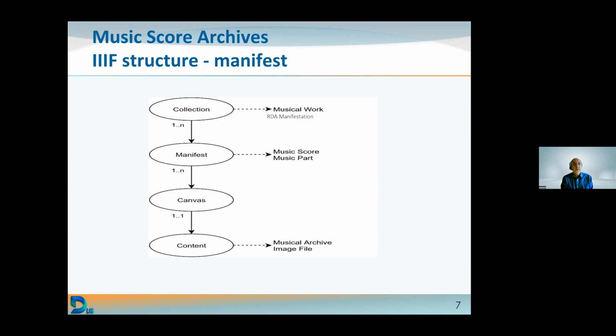Therefore, a musical work is represented by a IIIF collection, and each individual score or part is a IIIF manifest. And finally, the content is the collection of IIIF images.